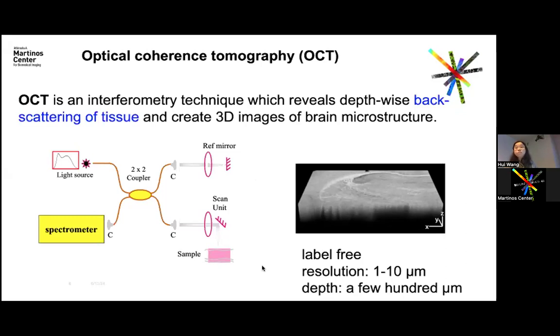It all uses intrinsic optical properties, doesn't require any stain, and the resolution is close to histology, usually at 1 to 10 microns. And with one light shining from the top of the tissue, it can penetrate and see information down to a few hundred microns in ex vivo human brains.